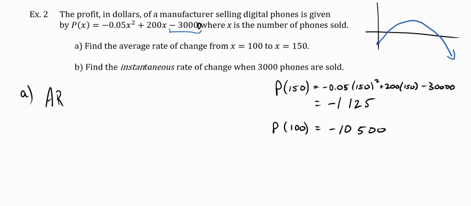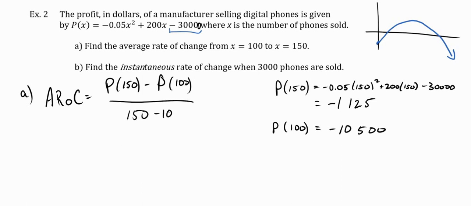And so then the average rate of change equals P at 150 minus P at 100 over 150 minus 100, which is negative 1125 minus a negative means plus 10,500 over 50.